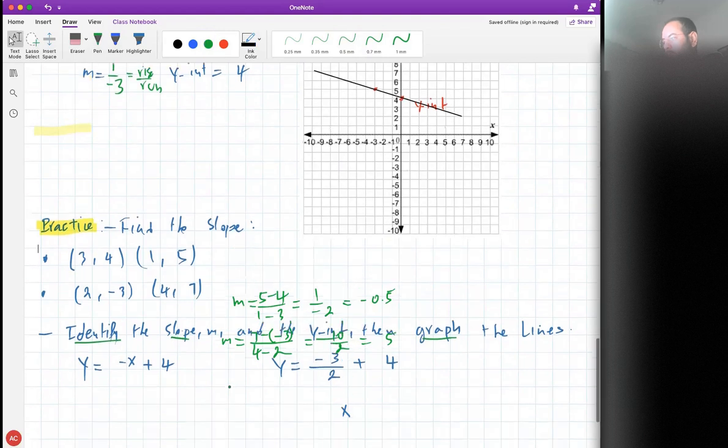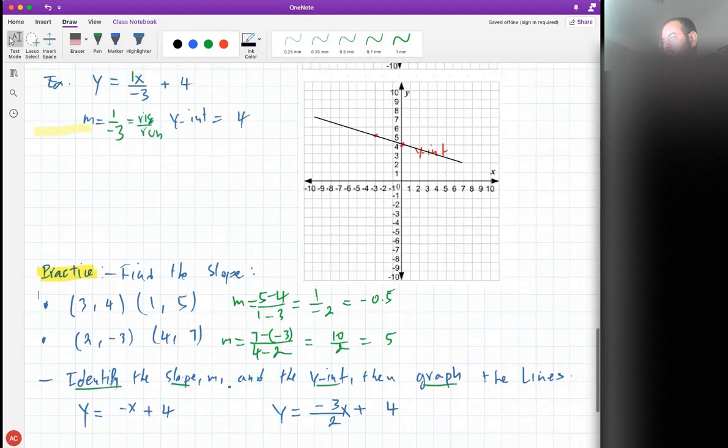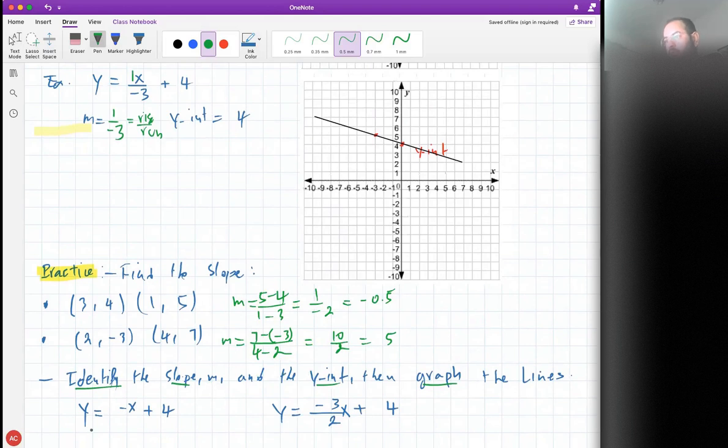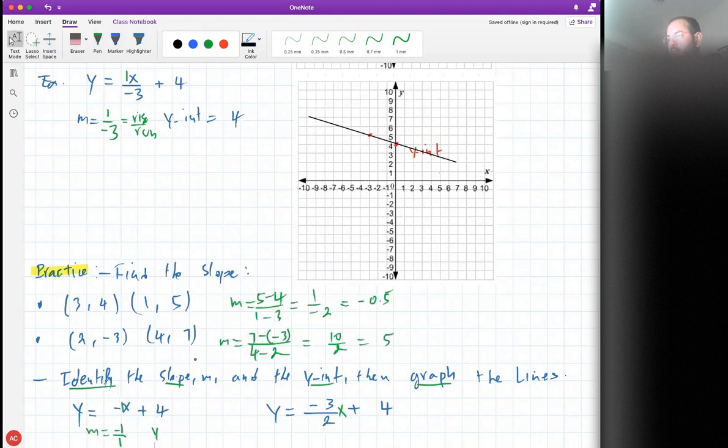Let's identify. It says identify slope m and y-intercept first. What is m here? Negative 1 over 1. Negative 1, that's right. Since you want to graph it, you need the 1, so you can always put 1. And the b, or the y-intercept? Positive 4, on the y-axis.